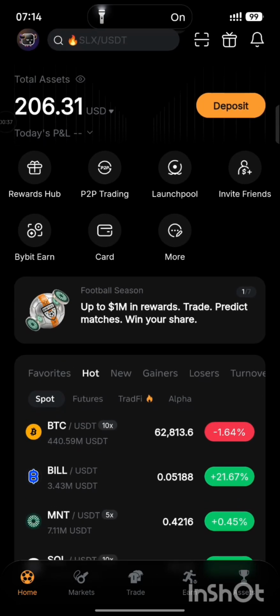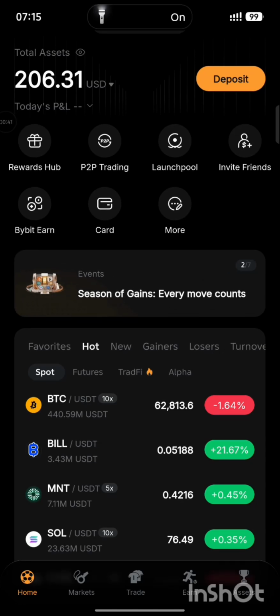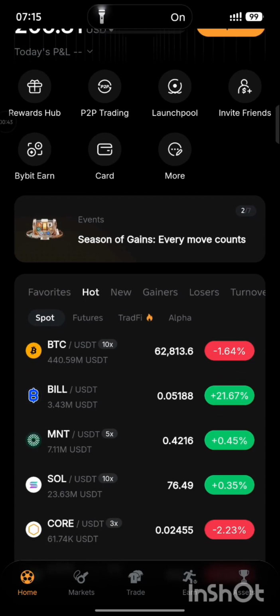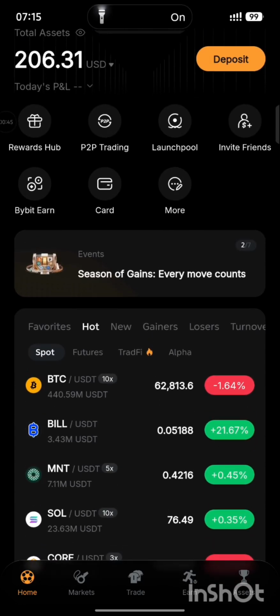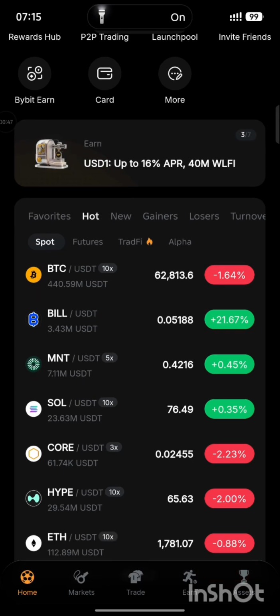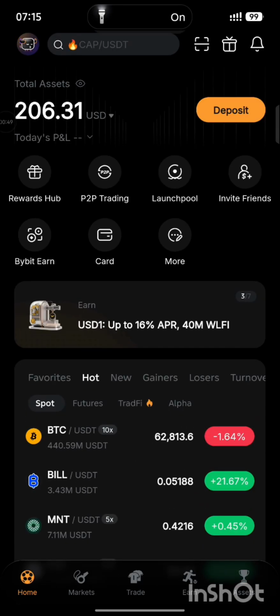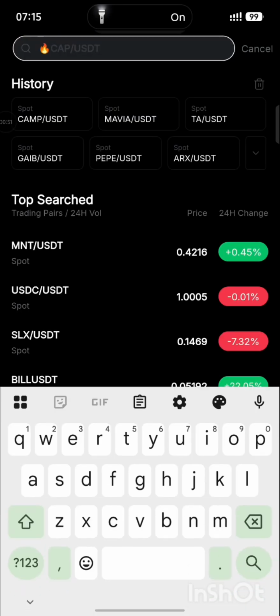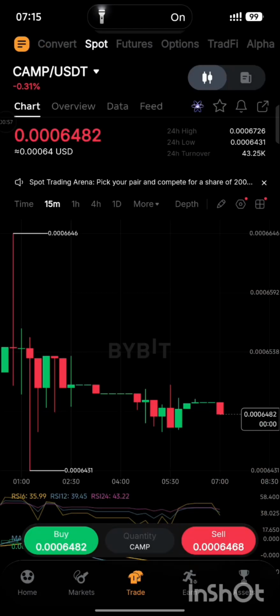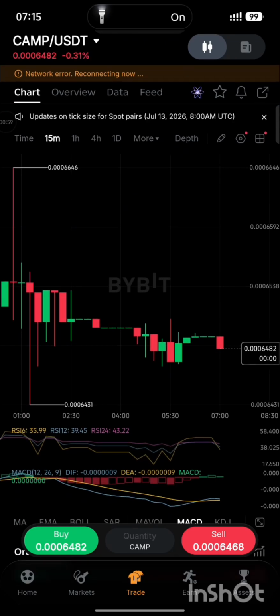Okay, so before I move in deeply, I would like to show us what exactly is this support. We're going to pick one particular cryptocurrency coin, maybe we should use camp.